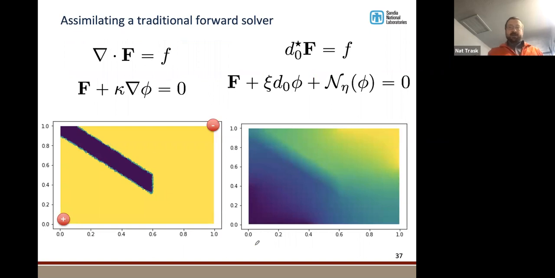I've got a lot of pictures here showing how this works out. This is Darcy equations with a point source and a point sink. So you get flow that goes throughout this whole domain, but you have some sort of inclusion, a jump in the material properties of a factor of 100, which makes it difficult for flow to go through.